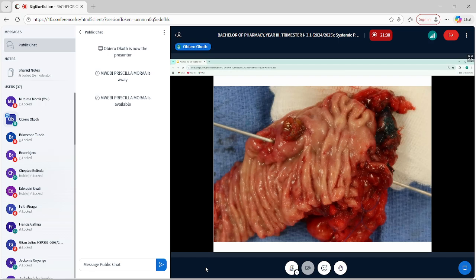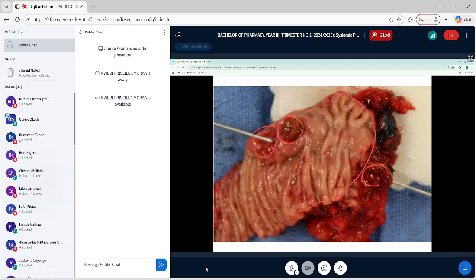Yes. This is the duodenum. Okay. And there is a tumor here coming from outside, going like this. So the tumor is around this, the ampulla of Vater. There's a tumor around there, ampulla of Vater.